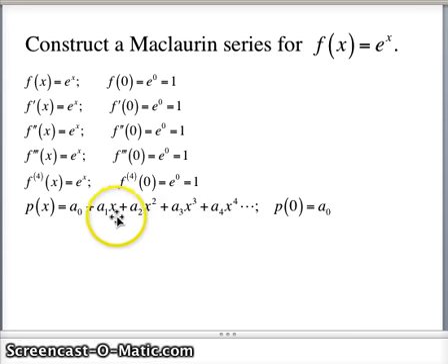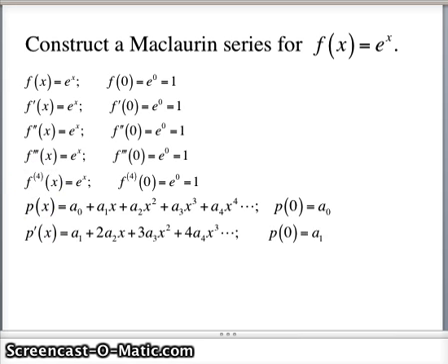If I plug 0 in for x, gone, gone, gone, gone, all that's left is a sub 0. So p of 0 is a sub 0, f of 0 is 1, so a sub 0 is going to be 1.